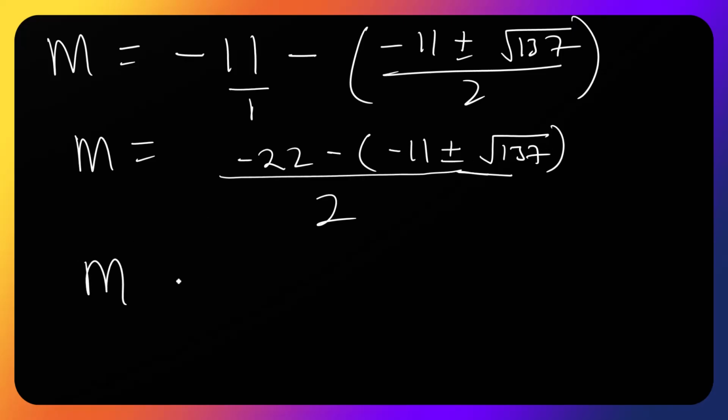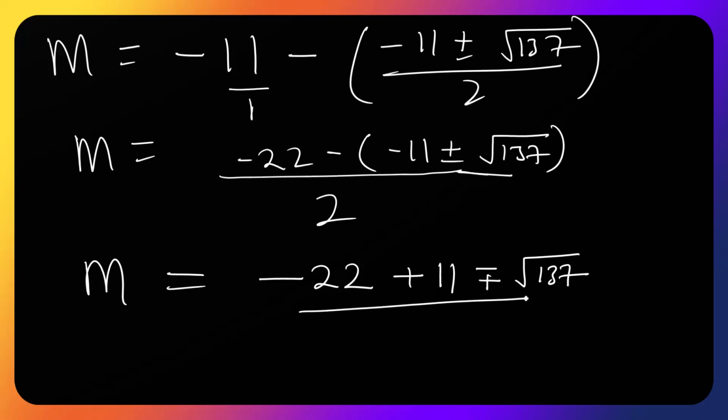So my m here will be minus 22 plus 11. So this one affects the top one minus, and affects the down, so it will be 11 plus or minus square root of 137 on 2.